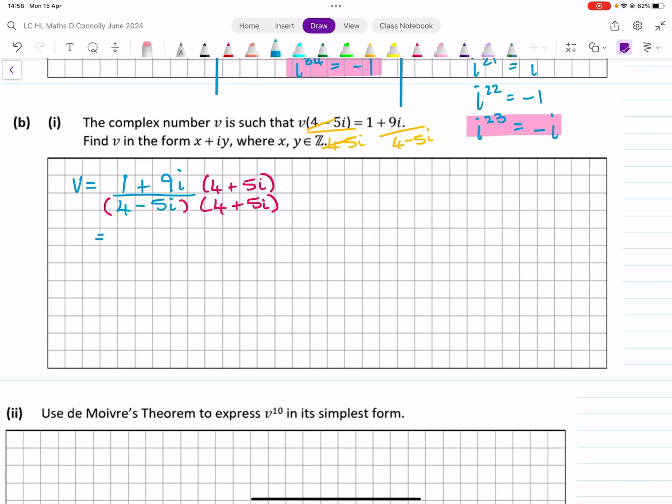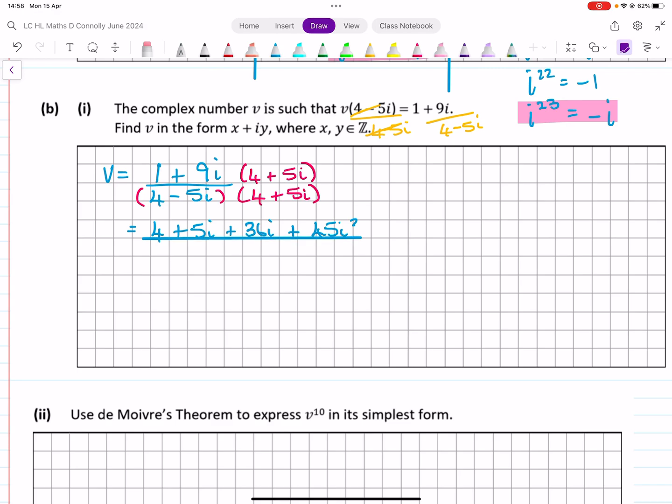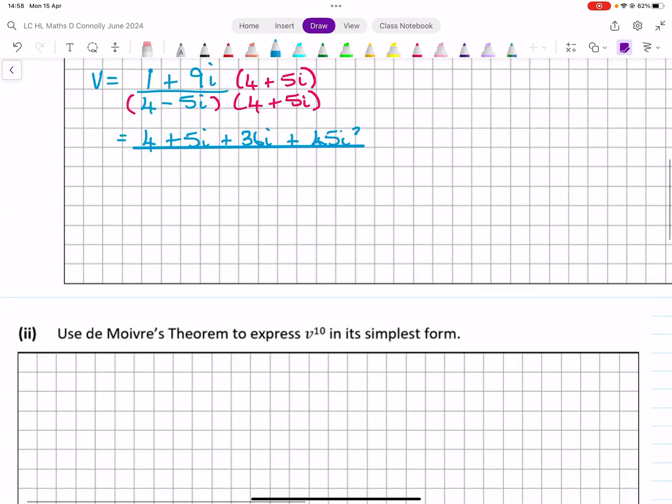So the top is 4 plus 5i plus 36i plus 45i squared. And then the bottom line is 16 plus 20i minus 20i minus 25i squared. My i squareds become minus 1.